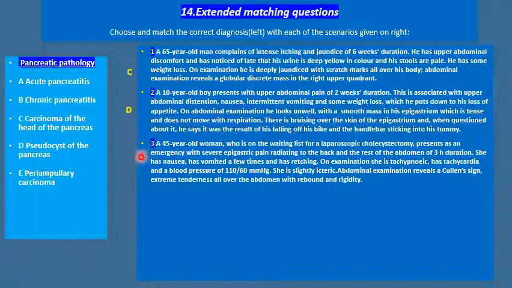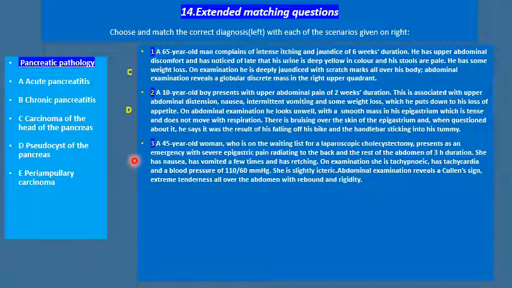Scenario number 3. A 45-year-old woman who is on the waiting list for laparoscopic cholecystectomy presents as an emergency with severe epigastric pain radiating to the back of the abdomen of 3 hours duration. She has nausea, has vomiting a few times, and retching.